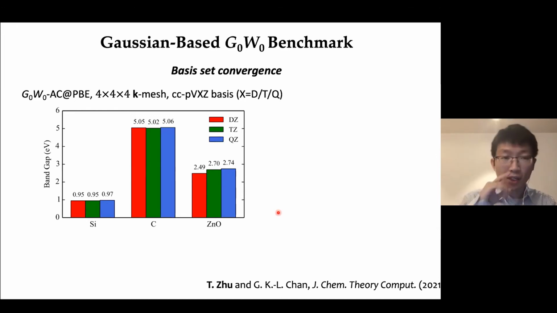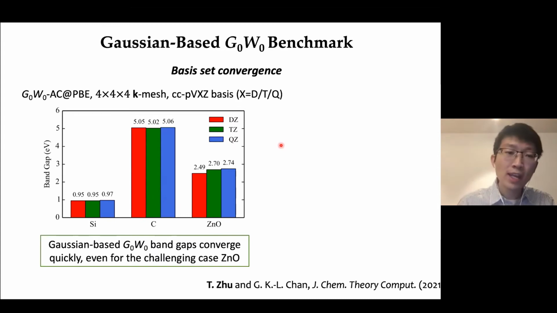And here, by increasing the basis set size from so-called double zeta to triple zeta to quadruple zeta, we could see that for all these three materials, at least at the triple zeta level, we already get a pretty good estimation of the GW band gap compared to the large quadruple zeta calculation. That being said, it seems Gaussian-based GW band gaps converge quite quickly, even for the challenging case, zinc oxide.